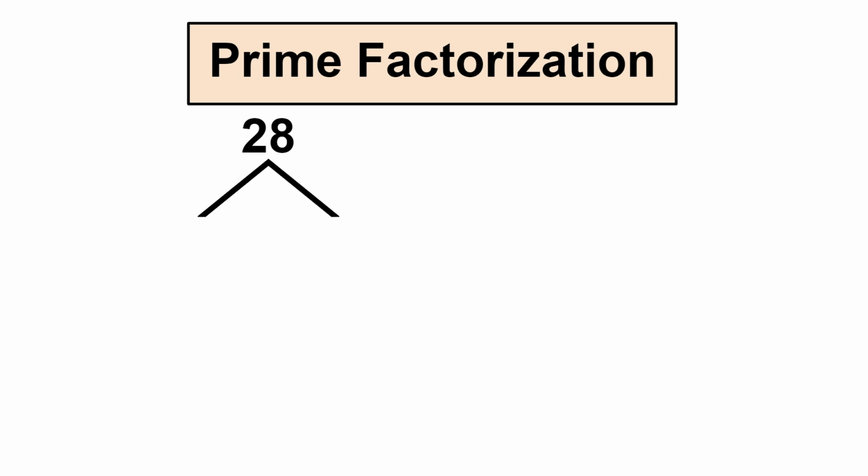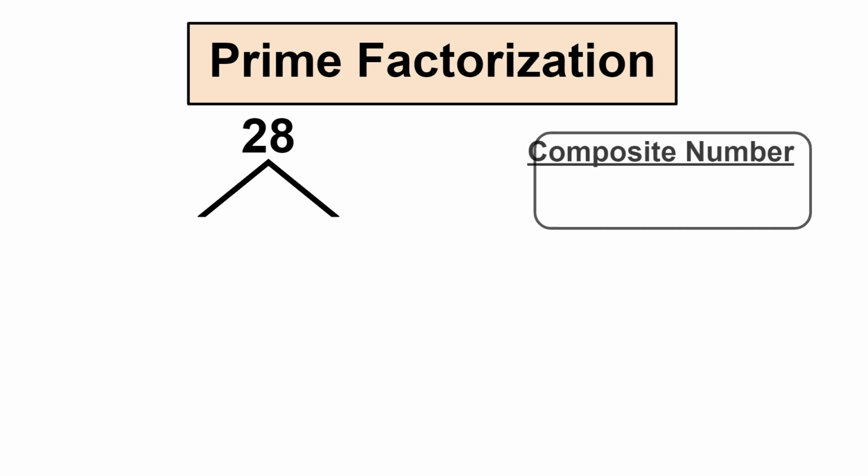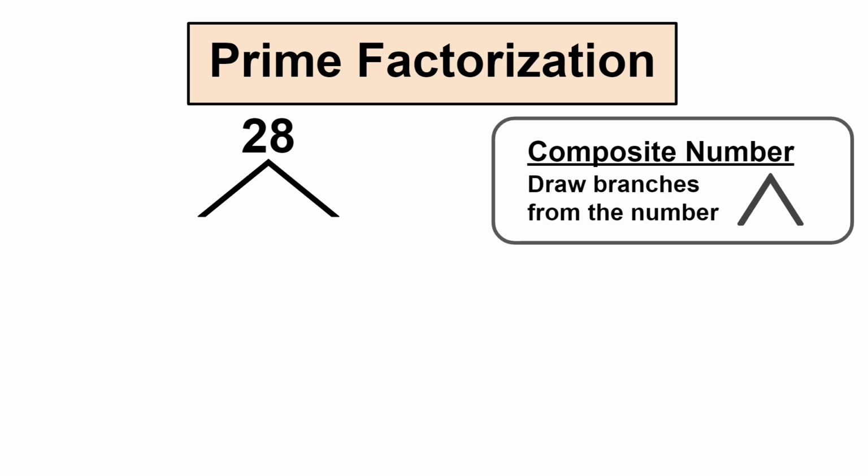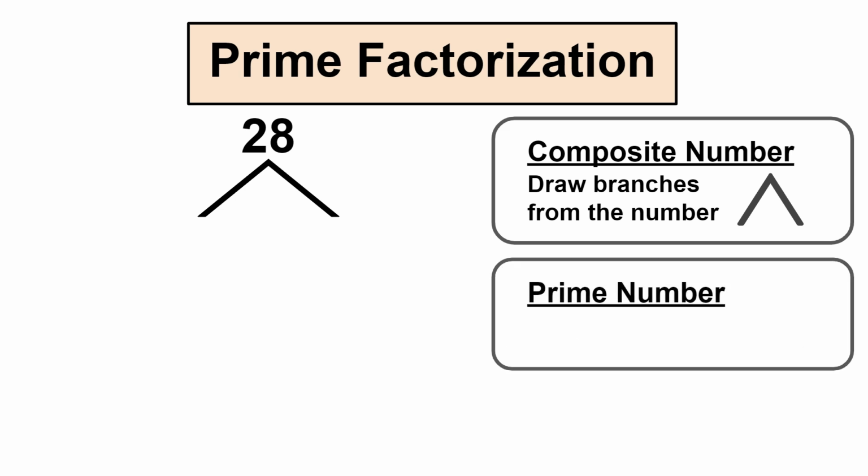Now, a factor tree is a diagram that's used to find all of the factors of a number. So, as we break down the number 28 into prime factors, if the factor is a composite number, we need to draw branches from that number so that we can continue factoring that number. And if the factor is a prime factor, we should circle it since it's part of the prime factorization of 28.